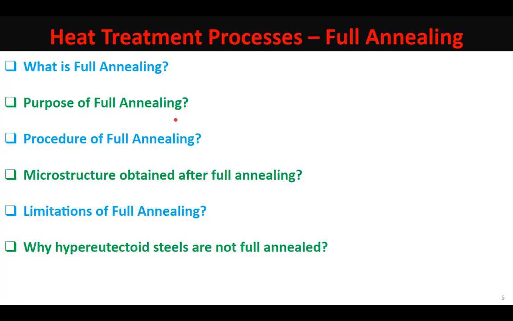Okay, what's the purpose of full annealing? If we talk about the purpose, for any reason, if the steel's microstructure is not okay, meaning you have a very coarse grained structure which is giving you inferior mechanical properties.